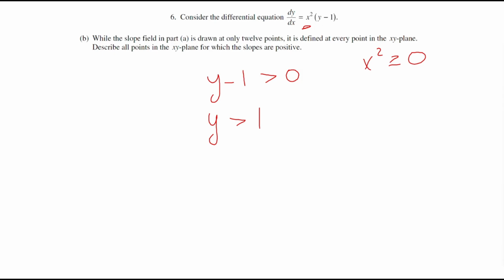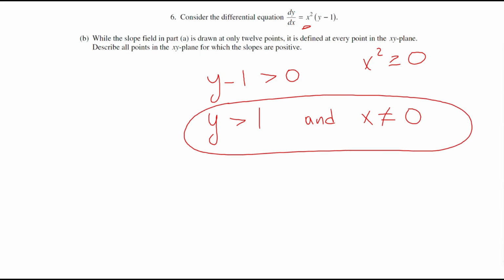So anytime y is greater than 1, we should have positive slopes, except if x was equal to 0. So we need to also clarify that y is greater than 1, but x is not 0, because if x is 0, we end up with 0 as our slope. So any point where y is greater than 1 with x not equal to 0. And you got 1 point for that.